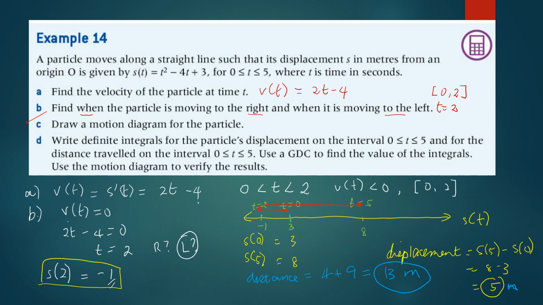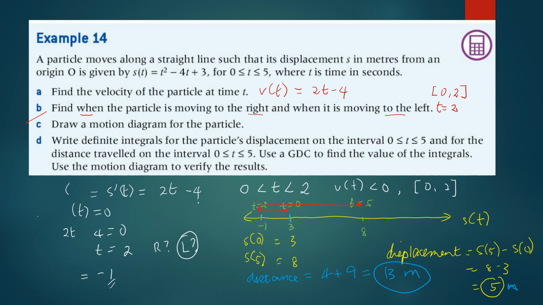Okay. So now write definite integrals for the particle's displacement on the interval 0 to 5 and for the distance traveled. Okay, so let me clear this area.